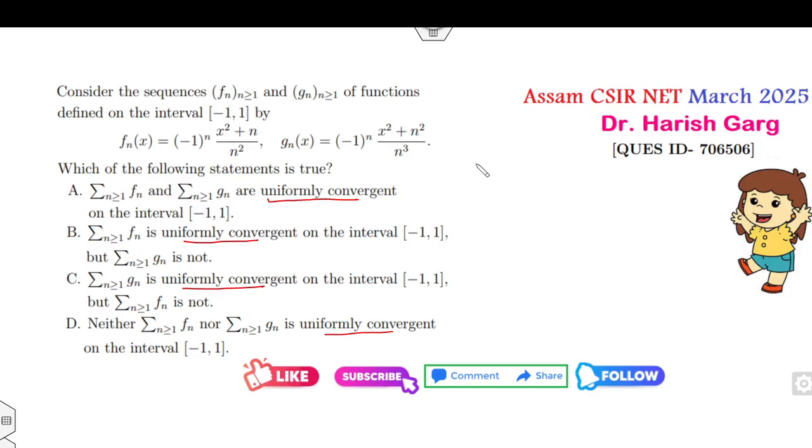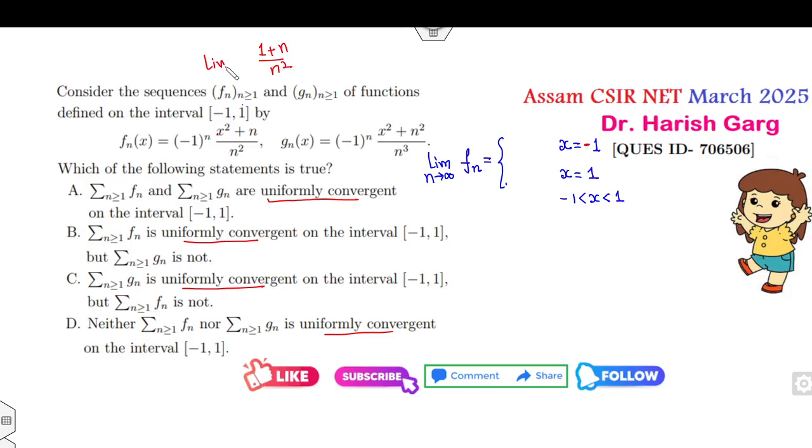Fine. So firstly, you have to check the pointwise convergence. That means your target is to check whether the limit as n approaches infinity of fn is finite or not. The interval is -1 to +1. If you choose x as -1, the limit will be (1 + n)/n².